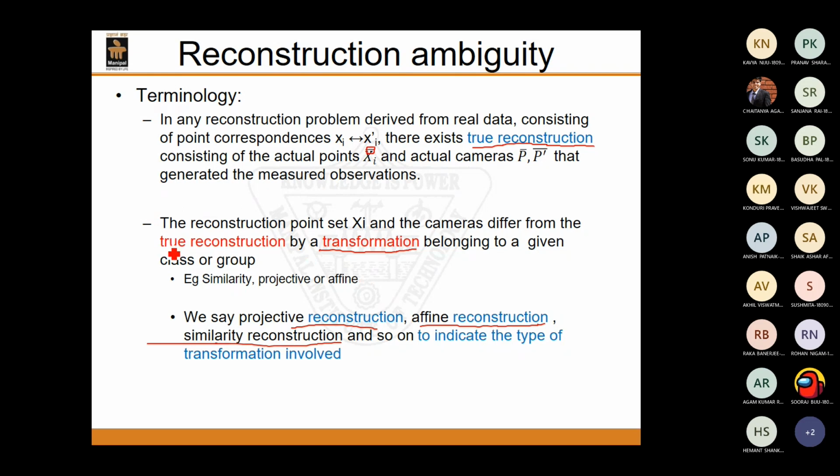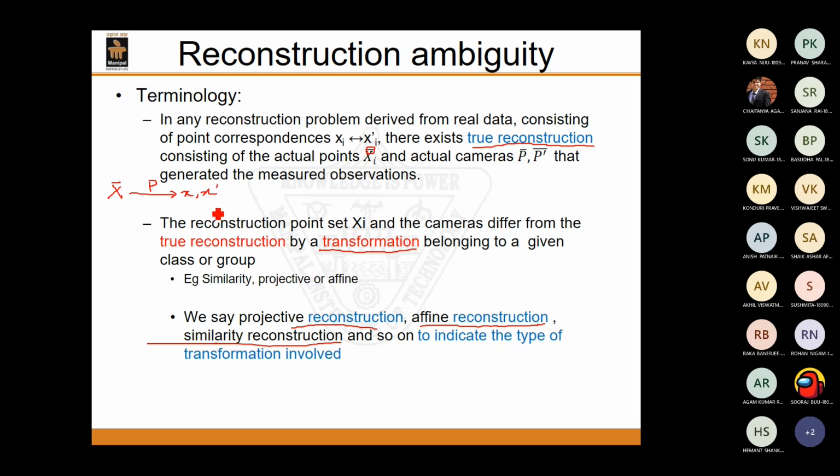Now here, as I said, for the true reconstruction, we represent it this way. So let's say I have X bar here, which represents the actual 3D points in the scene. Now, if I apply some camera parameters, P and P dash, the image point pairs I get would be x and x dash.